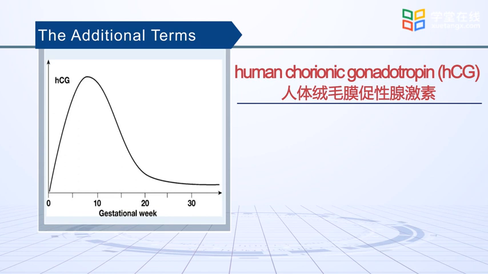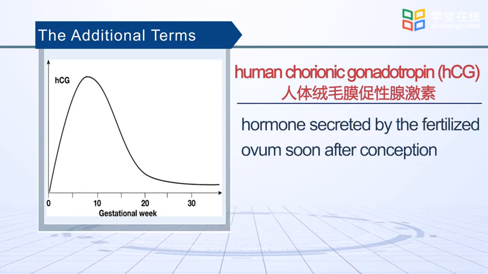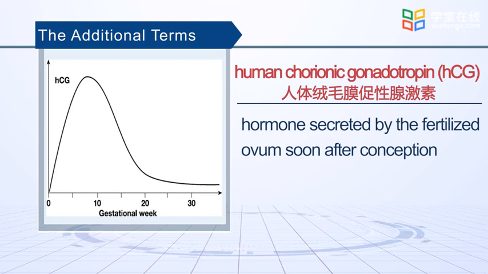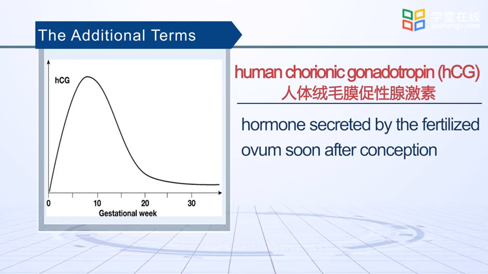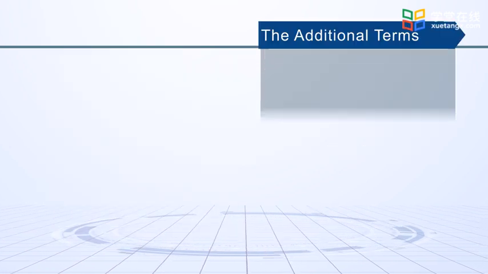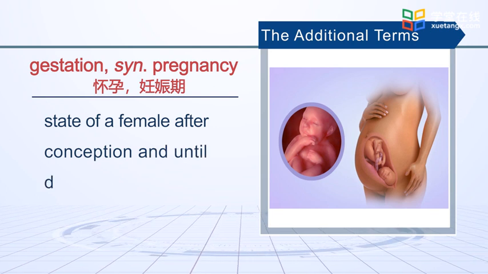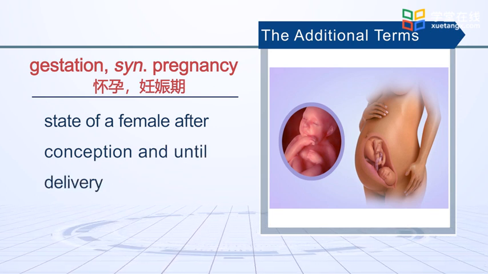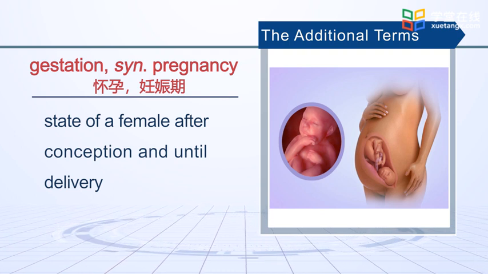Human chorionic gonadotrophin. It is a hormone secreted by the fertilized ovum soon after conception. Gestation or pregnancy is the state of a female after conception and until delivery.